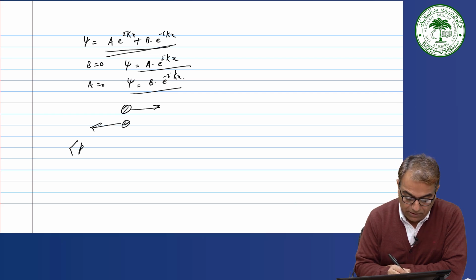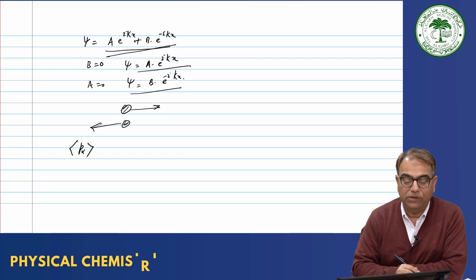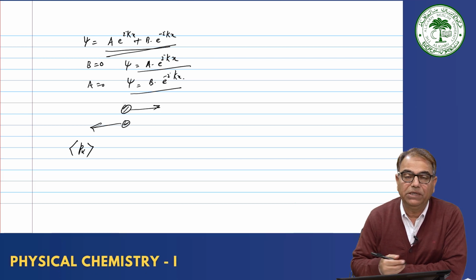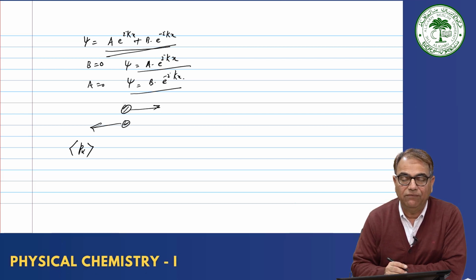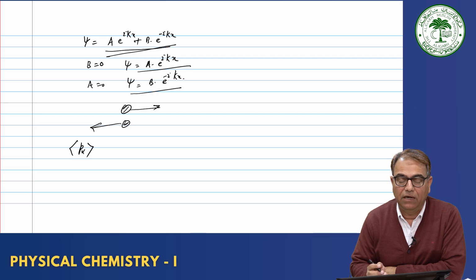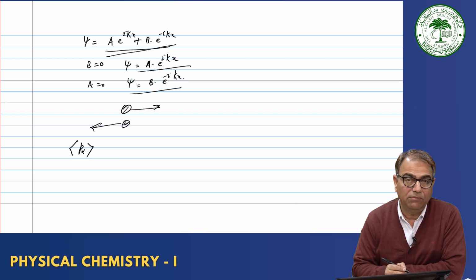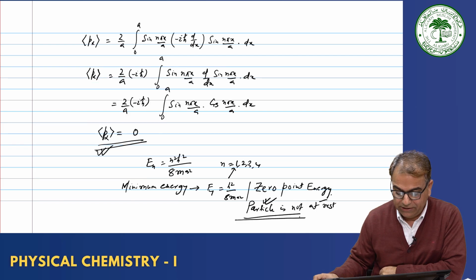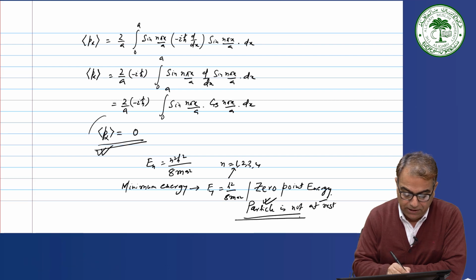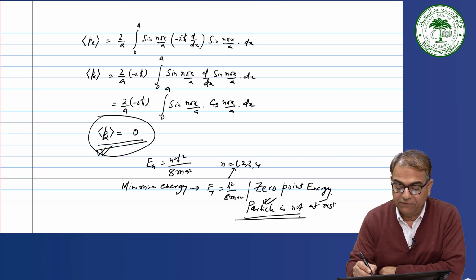So what this angular bracket expectation value tells you is that out of so many measurements of momentum, some will be positive momentum and some will be negative momentum, and the average will be equal to 0. This doesn't mean that the momentum itself is 0.